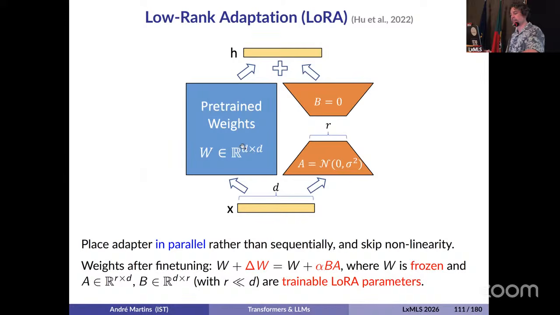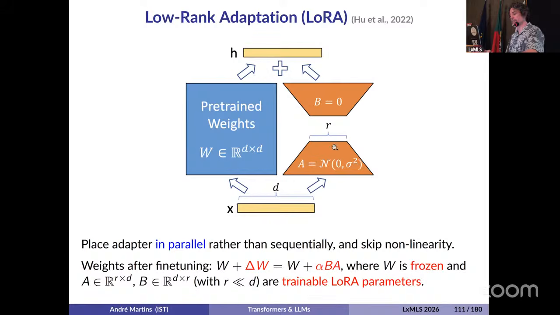In this case, you have the pre-trained weights that you don't touch, and you just learn a perturbation of those weights, this delta W here, by considering two simple linear layers that project things to a lower dimension and then put things back on the original dimension, which you can see as a low-rank modification of the original weights, right?